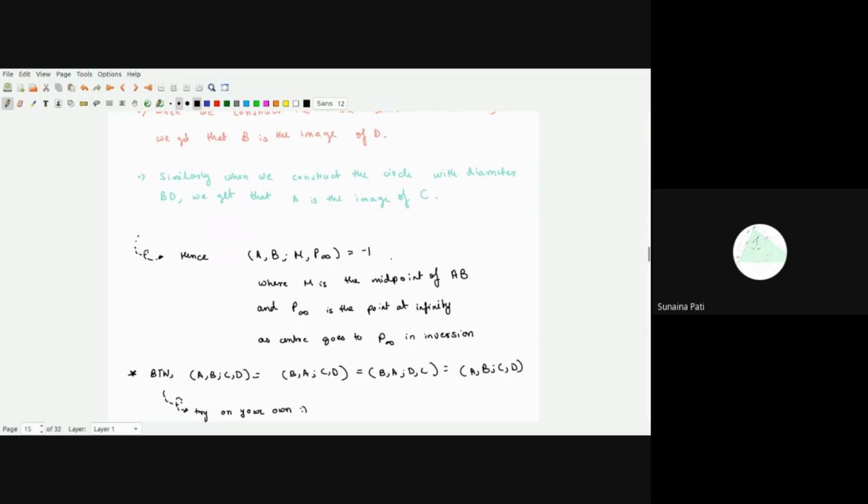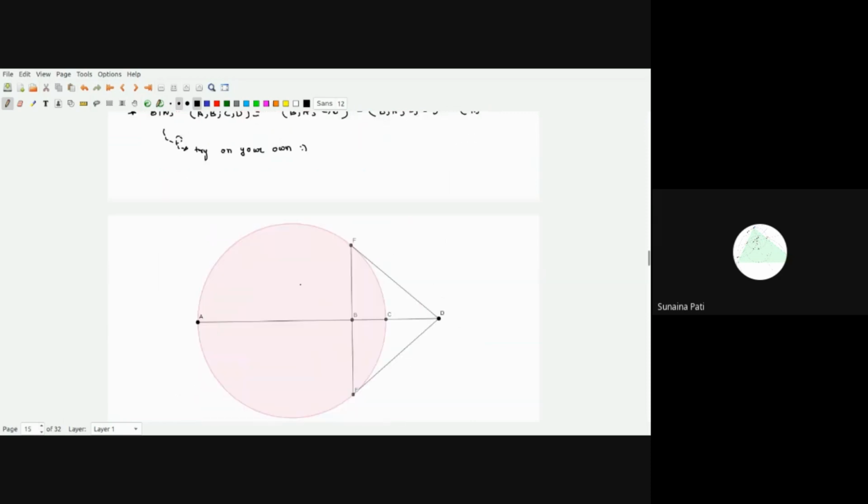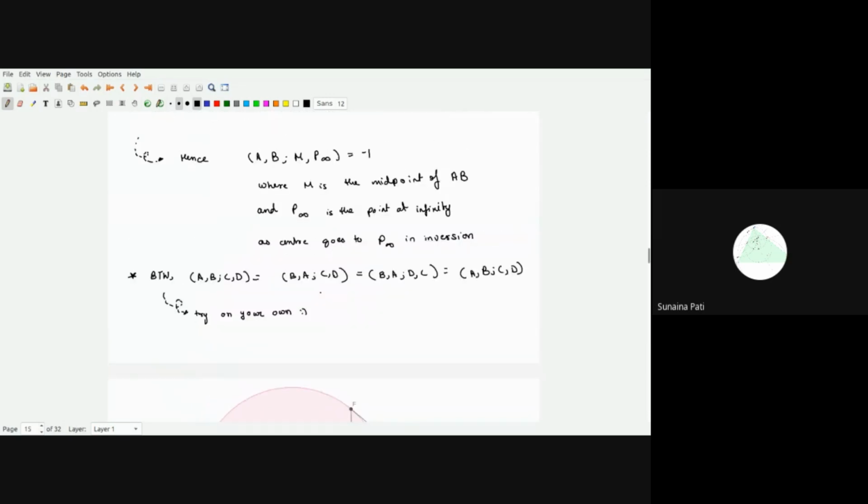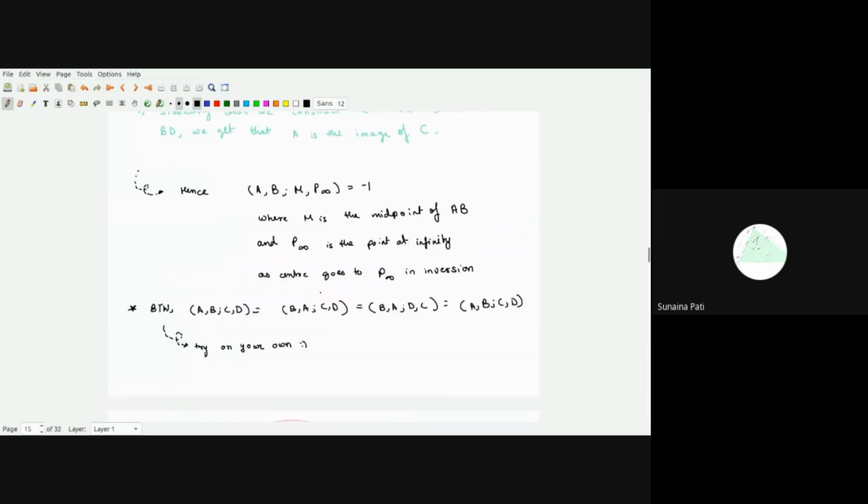And moving on, going with the same definition, we will prove later why the cross ratio here is -1. There's also a very good harmonic bundle, which is A, B, M, and the point at infinity, where M is the midpoint of AB and the point at infinity is the direction of the line AB.